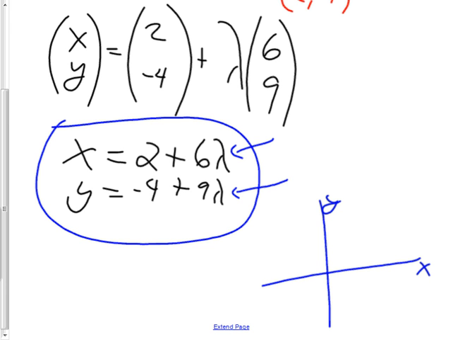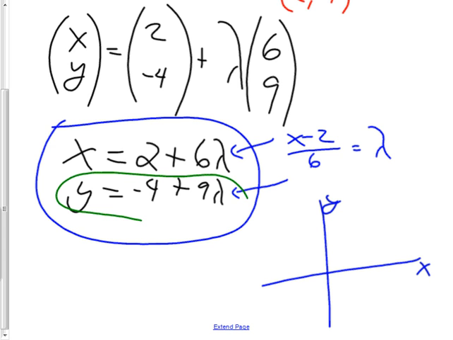I'm going to solve the top one for lambda. I'm going to subtract 2 from both sides, and I have x minus 2. And then I'm going to divide by 6 on both sides. I divide by 6, and I have lambda. Lambda is x minus 2 over 6. Do that same exact thing for the second equation. Then you'll have lambda, and they can obviously be interchanged for each other. And you can write one equation that doesn't have lambda.